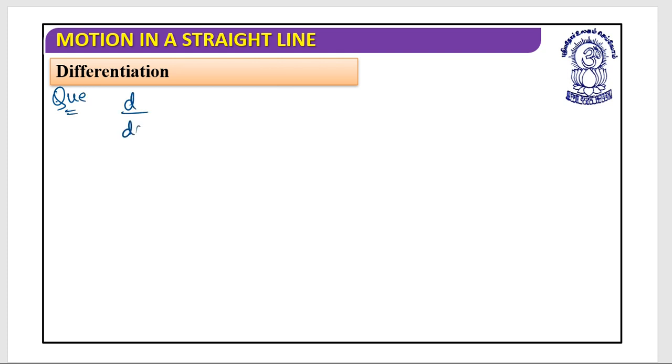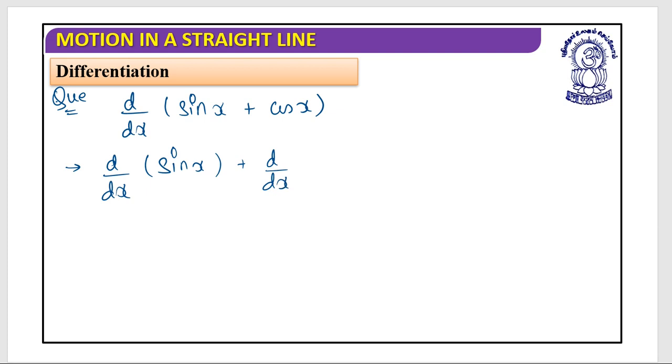Let's say they have given d by dx of sin x plus cos x. You need to differentiate this. So this would be something like this: d by dx of sin x plus d by dx of cos x.